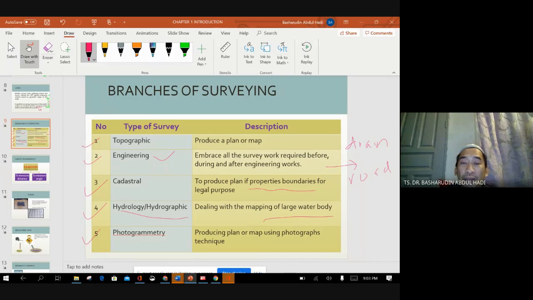Before you build a dam, you want to know how much the river can supply to your dam. So you must measure the river section by section, from upstream going downstream, to make sure you get the exact volume of water that can supply your new dam.